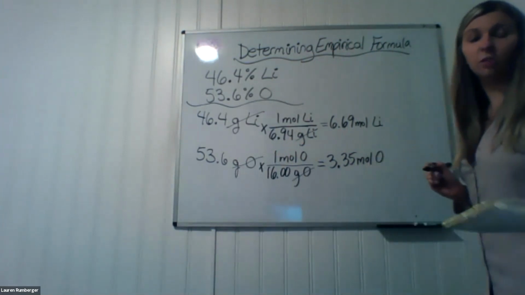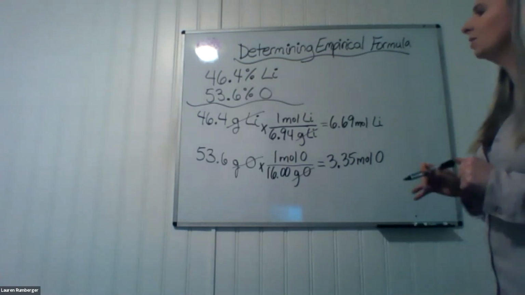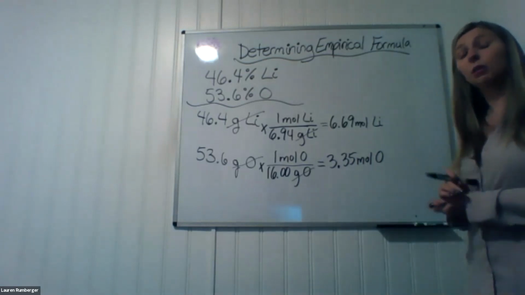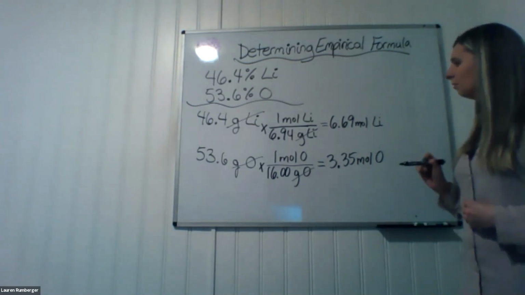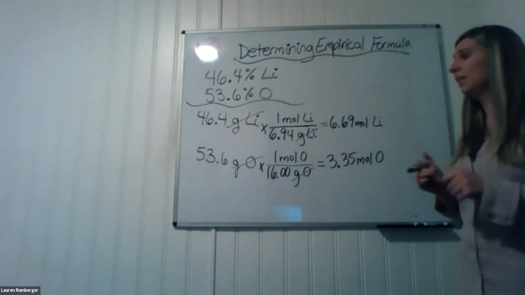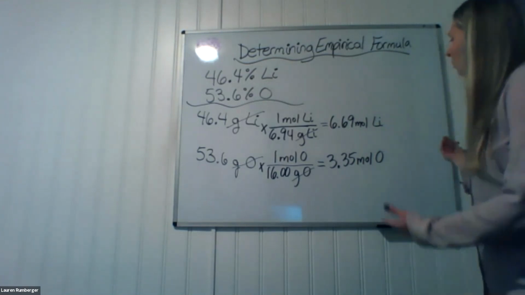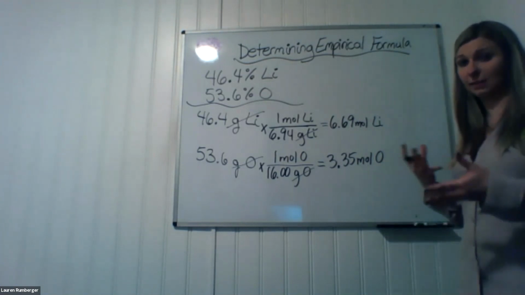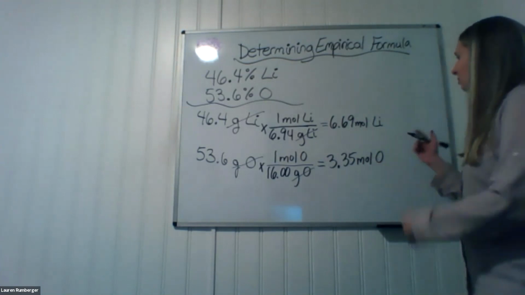So now, once you've determined the moles of each element, we're going to divide by the smallest number of moles in order to determine what the whole number ratio is between the elements. So we're looking to determine the amounts relative to each other, just like we learned with relative masses.